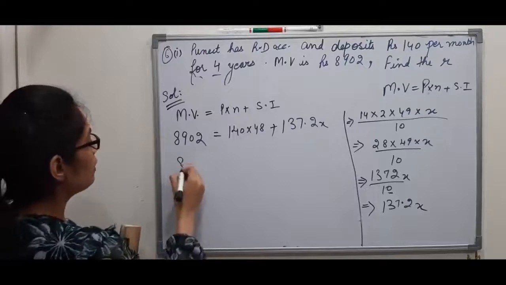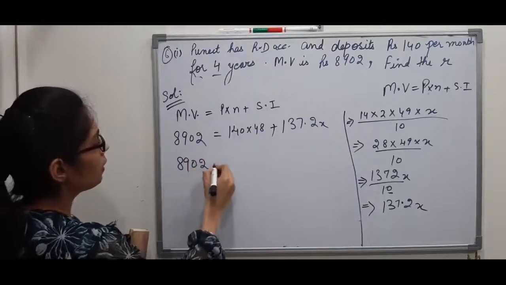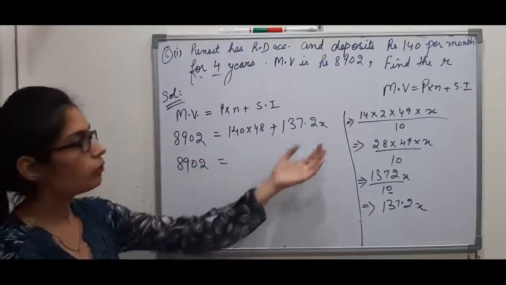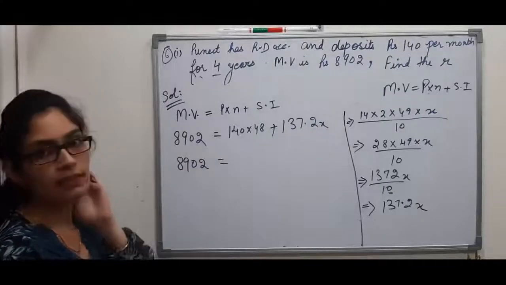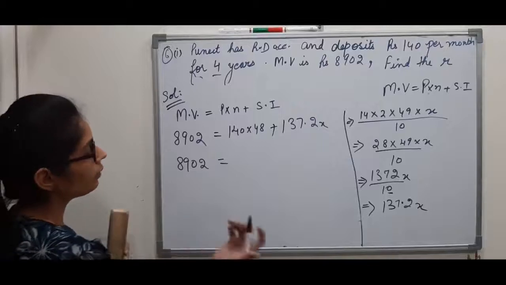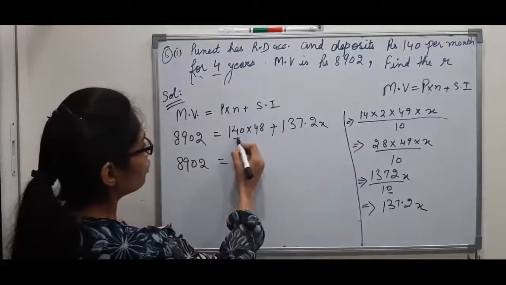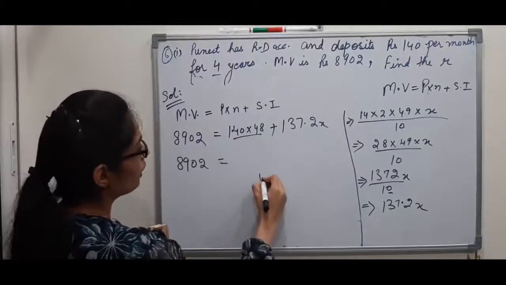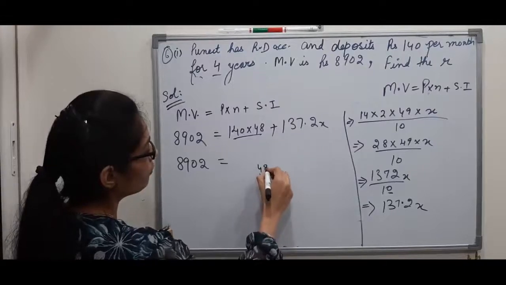Now I can see again it has become a simple linear equation with variable x. So I can easily calculate the value of x by shifting of terms. First of all we need to multiply this, so 140 into 48 we will do.